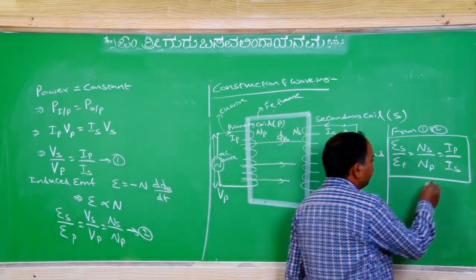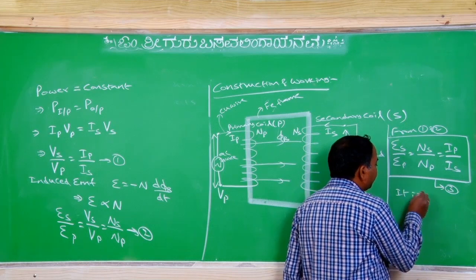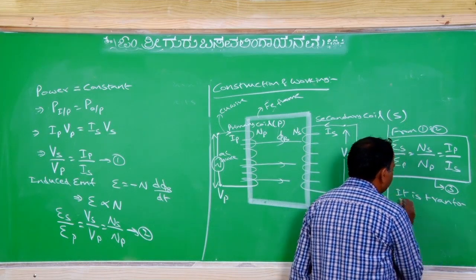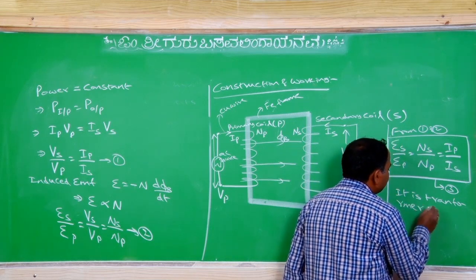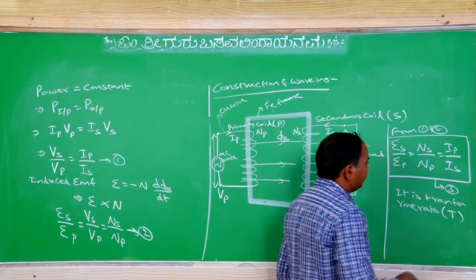This is equation 3, which is said to be the transformer ratio. Here, the transformer ratio is generally denoted by capital T.